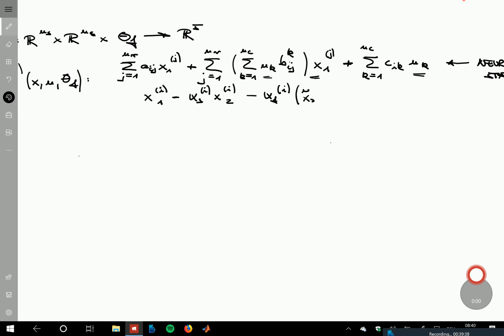What you see here, for the first hemodynamic state, is that the first hemodynamic state of the ith region is affected by the neural state of the ith region. So you have some coupling between the neural state and the hemodynamic states, because the rate of change of the first hemodynamic state, which is the second state of the 5 states in each region, is dependent on the neural state.